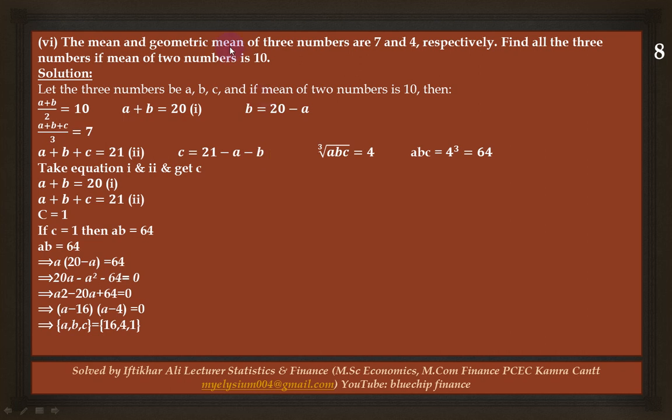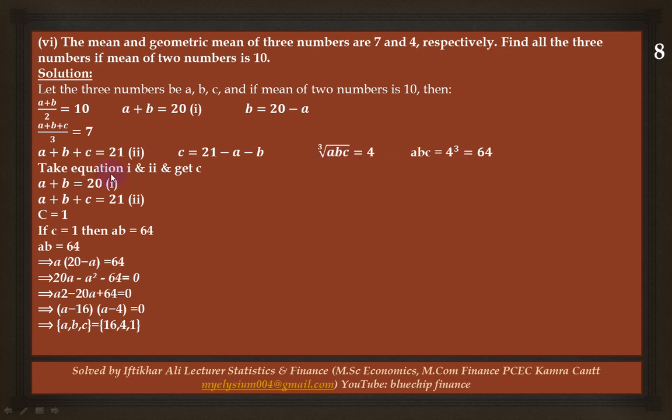And the geometric mean equals 4. If there are 3 values, we take the cube root of abc, and it equals 4, so abc equals 64.